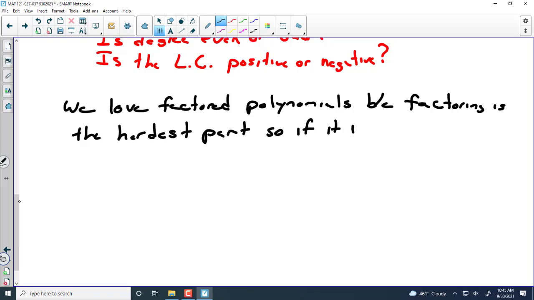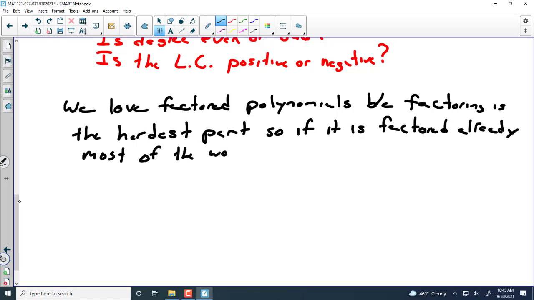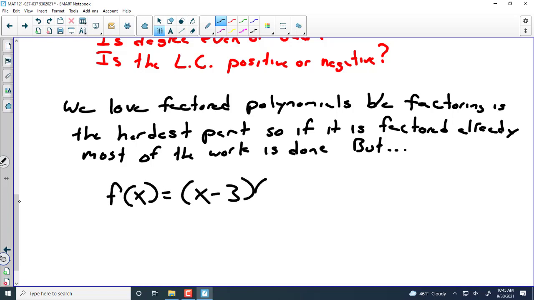So if it is factored already, most of the work is done. But when we are given a factored polynomial, maybe with some factors that have high multiplicities on them, it changes the way we identify the leading coefficient and the degree especially.